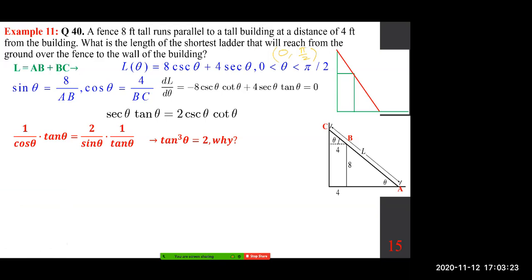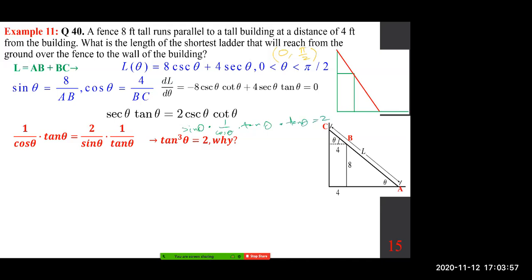So on the left side, we have 1 over cosine theta, tan theta. Okay. So the sine theta on the right goes to the left, so we multiply both sides by sine. And then tan theta on the right goes to the left, becomes another tan theta, and number 2 remains. I hope you see that.